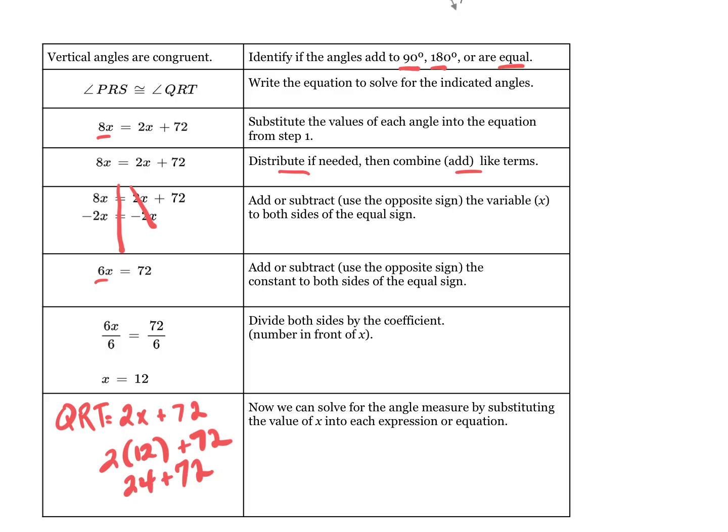And my mental math, as you guys know, is not that great, so let me grab my calculator. And so 24 plus 72 equals 96 degrees. Okay. So both angles, QRT and PRS, are 96 degrees.